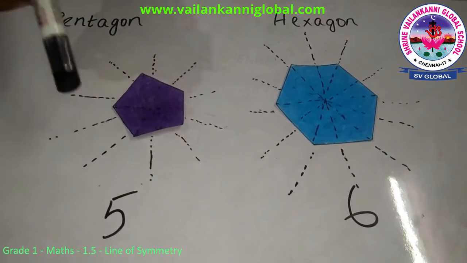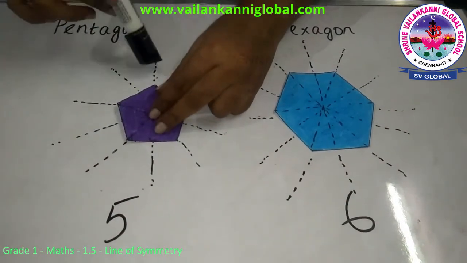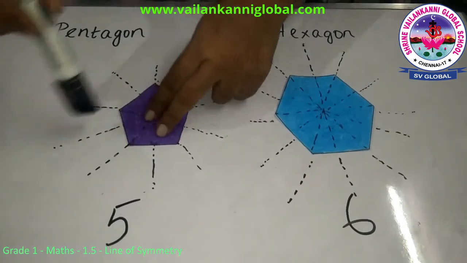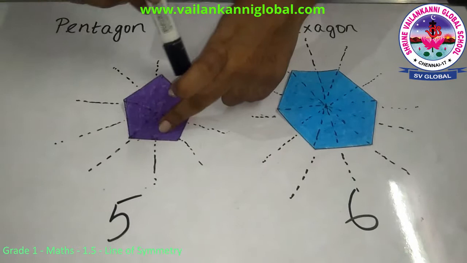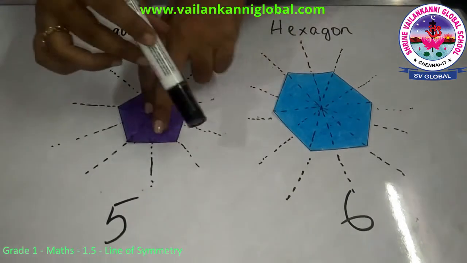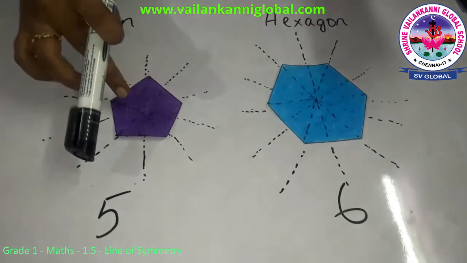So let's see the pentagon. A pentagon has five lines of symmetry. So this is one, this is another one, this is another one, and this is another one, and this is another one. So it's all in the corners. There are five corners and we have five lines of symmetry for a pentagon.